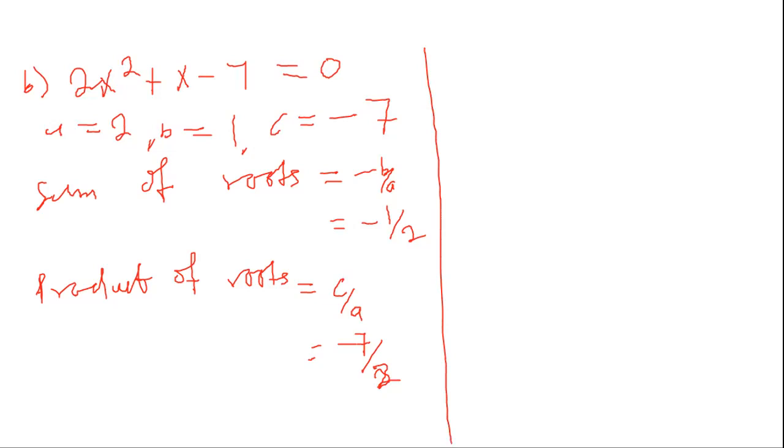So let us have the last one there. We can have 5x squared plus 11x plus 3 is equal to 0.